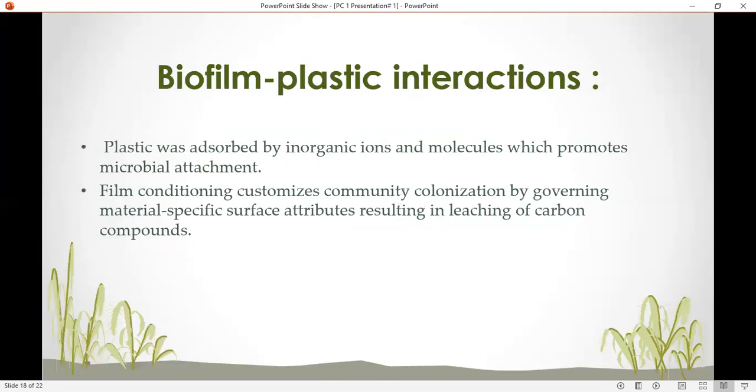The next one is plastic-biofilm interaction. Plastic was absorbed by inorganic ions and molecules, which promote microbial attachment. Attached microbes initiate hydrophobic interaction upon contact with the polymer surface.